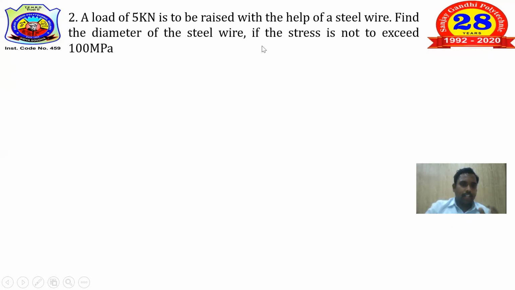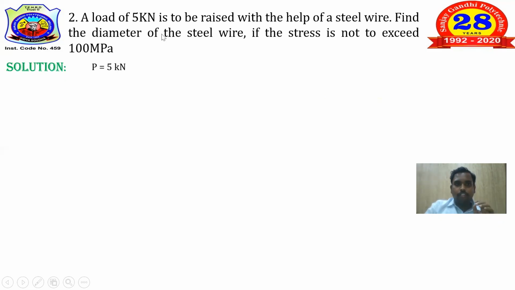After reading the question, just try to write down the given data. That's one of the very important things. Writing the given data correctly is one of the important steps. So first, a load of 5 kilonewton, that is load P equals 5 kilonewton, is to be raised with the help of a steel wire.